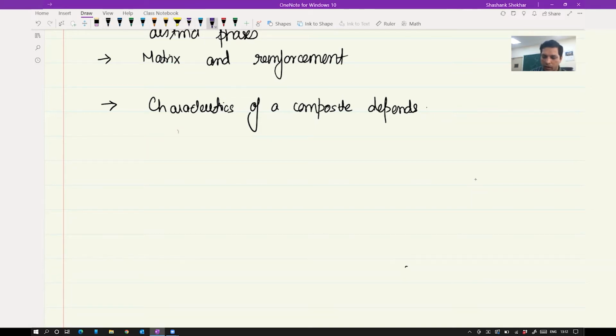The two phases are matrix and the reinforcement. But not only these two, also the interface between the two. This part we will not talk much about in this particular lecture. You will see when we talk about toughening that at that point you would see the importance of interface.